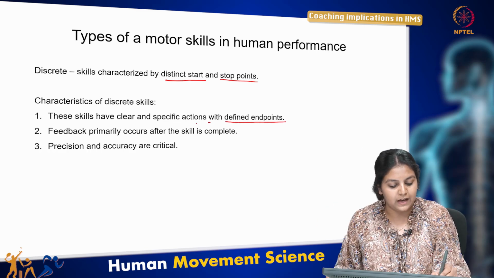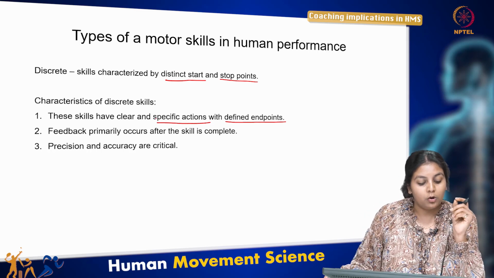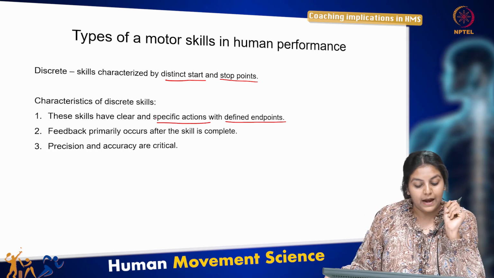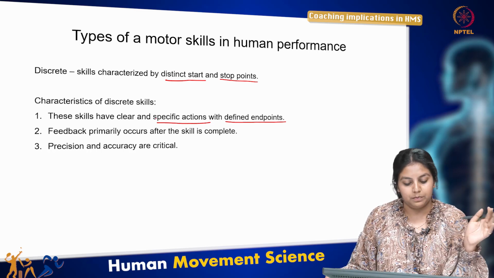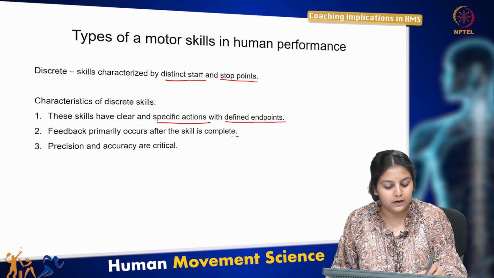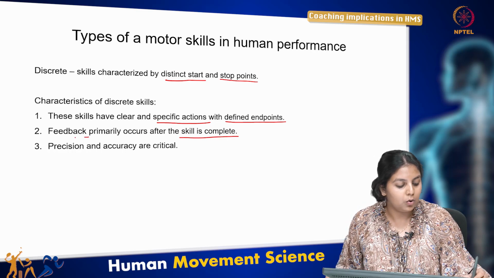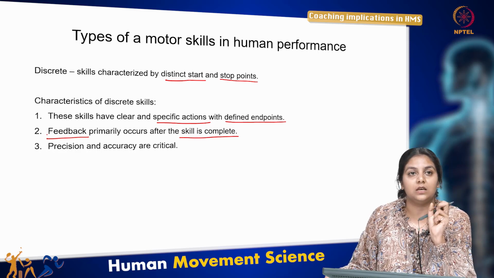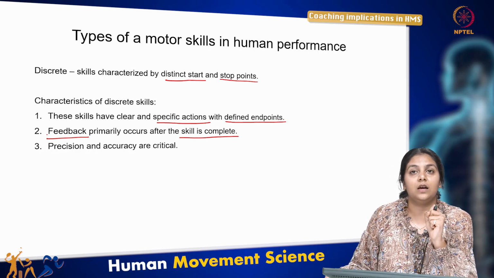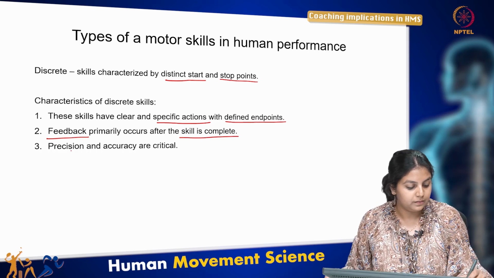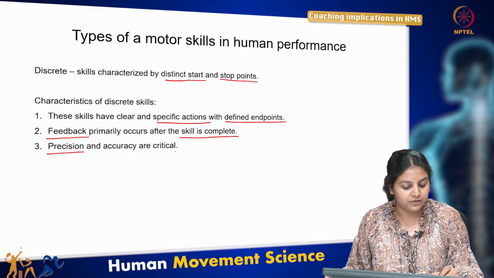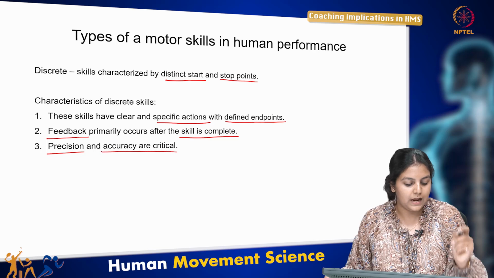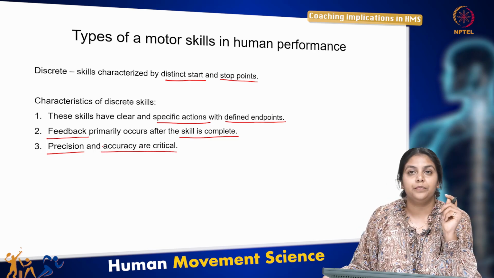They also primarily have feedback when the skill is complete. So when the skill is complete, then the coach gives feedback. And in these types of skills, precision and accuracy are quite critical, right? They have a specific action, hence precision and accuracy are quite critical.